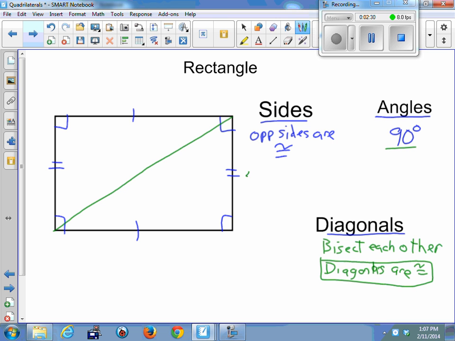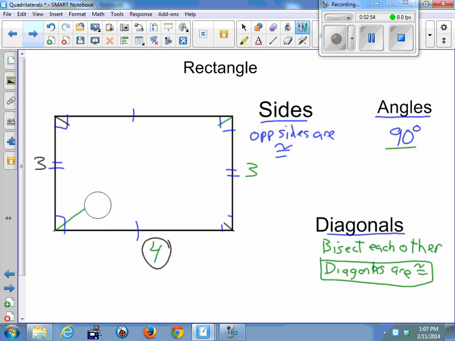Again, if this is 4 and this is 10, well, we'll do an easier one. Let's say a 3 and a 4, then my hypotenuse would be 5. If you do the other one on this side, this is a 3 and a 4 again, my hypotenuse would still be the same. So they bisect each other, and they are congruent.